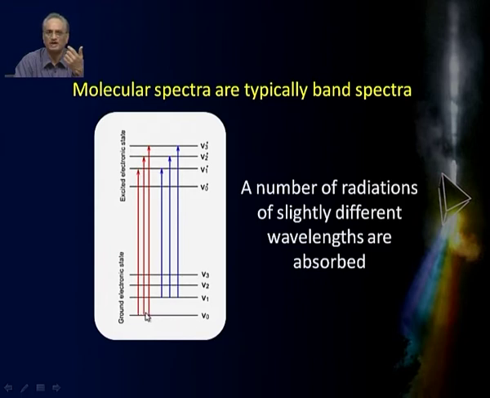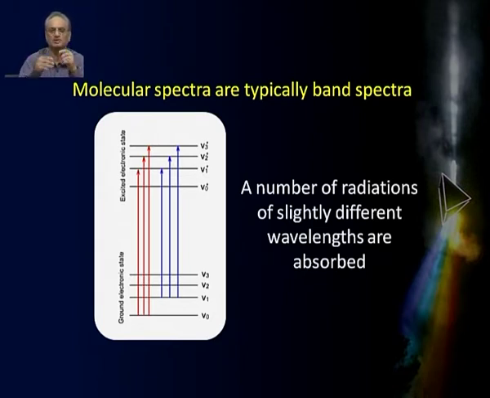From this level I can land up at V is equal to 1, V is equal to 2 or V is equal to 3 level. So, all these 3 radiations will be absorbed. That means I will be getting a signal corresponding to these 3 delta E values, which are close by. I am just giving 3, there will be a number of them. Okay. So, very closely related radiations will be absorbed.